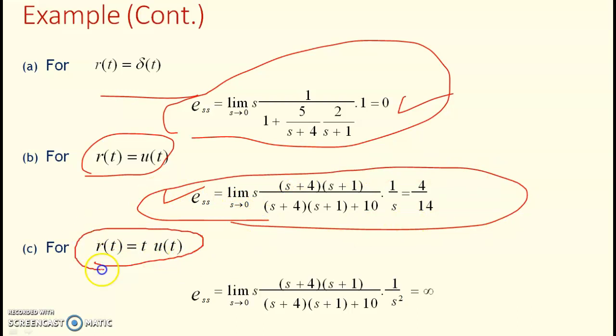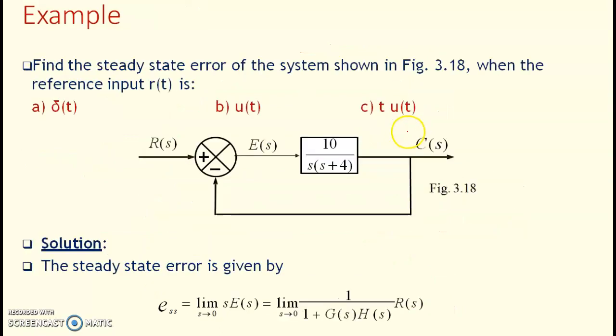Then the steady state error for parabolic: parabolic means 1 over s square, so multiply the transfer function with 1 over s square. Here we directly substitute the values and rearrange the equations. Again rearrange. So we get the steady state error for parabolic, for unit step, and for ramp. Let us discuss the next problem.